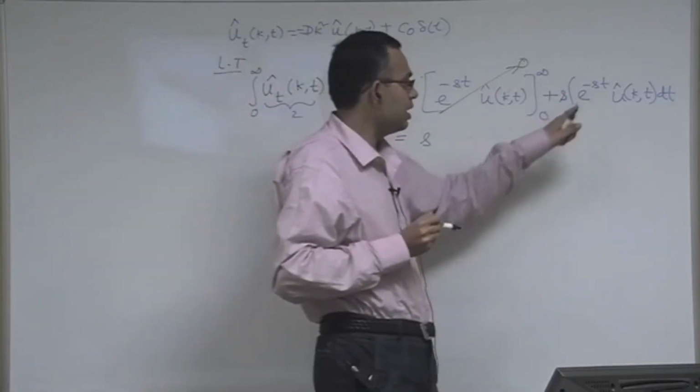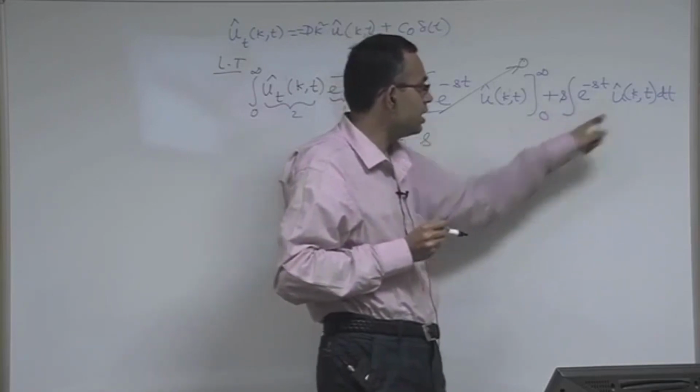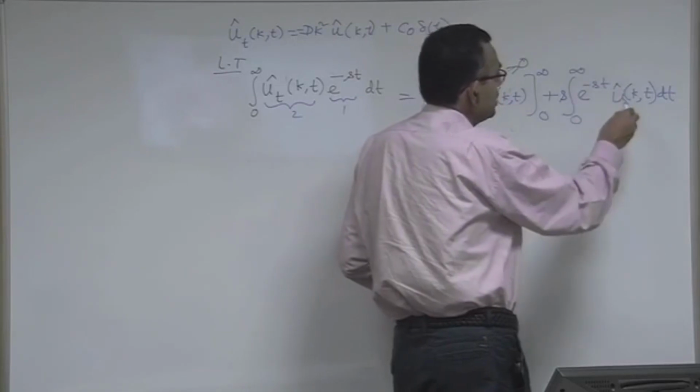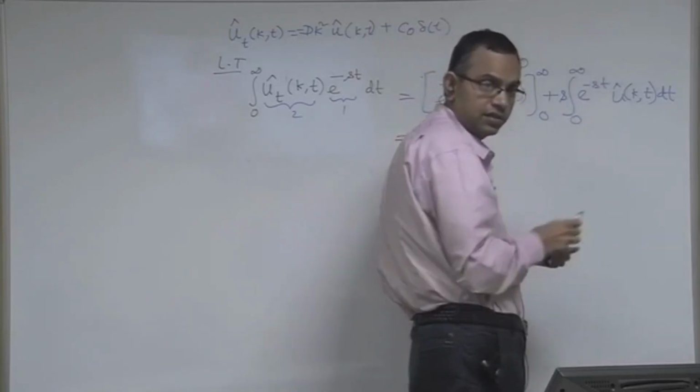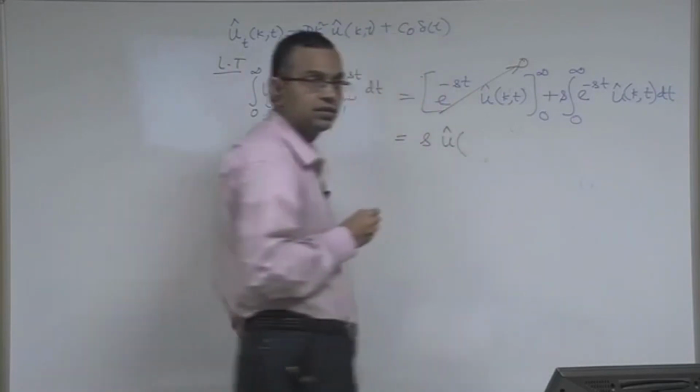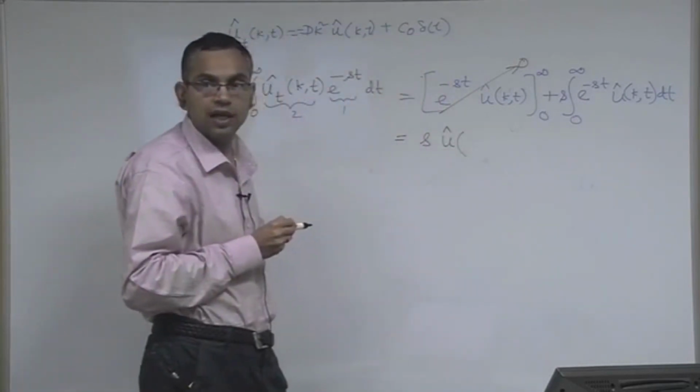Now what is this? This is basically 0 to infinity, let us write. This is the Laplace transform of u hat. So u hat, it is a function of what? k and s.